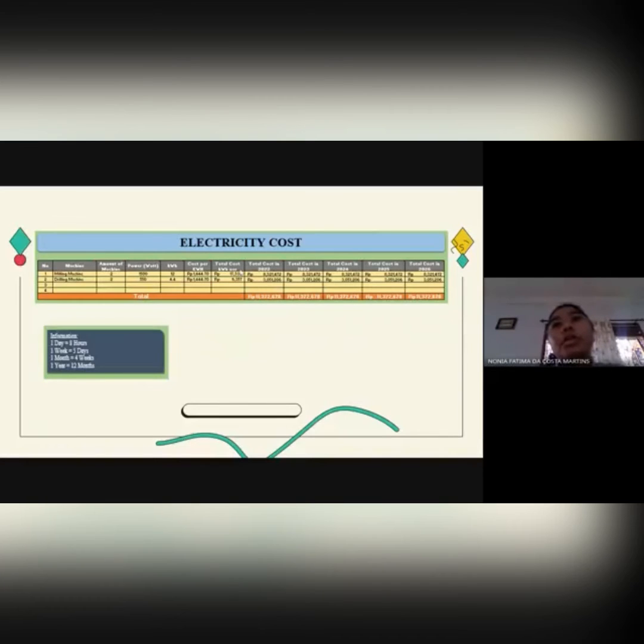From the total cost in 2026, we got 11,372,678. For the information, for one day the working hour is 8 hours. In 1 week is 5 days, and 1 month is 4 weeks. For 1 year is 12 months.